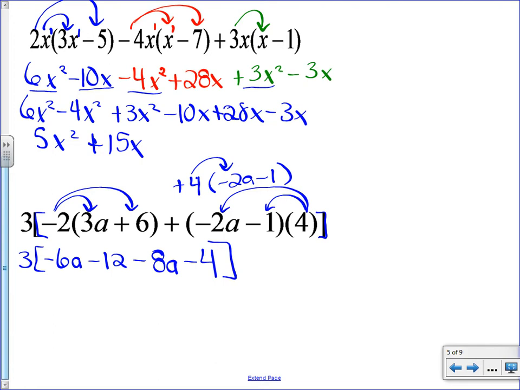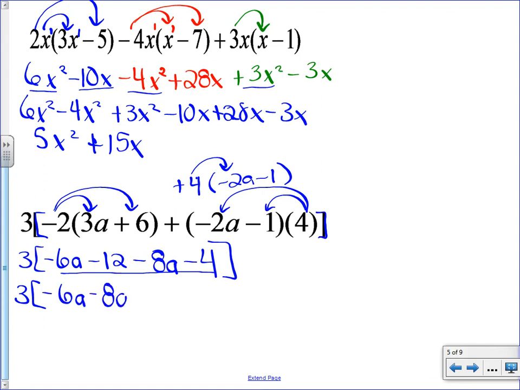Joey, what am I going to write here? Collecting like terms. How'd you get that? I'm going to simplify what's inside this bracket here. So I need to group like terms together.